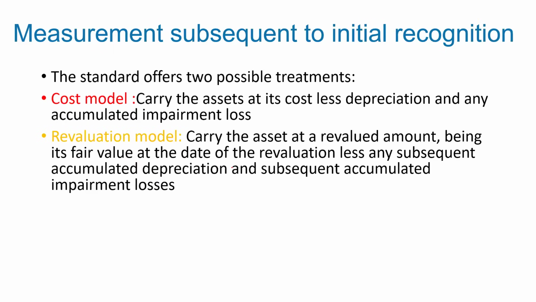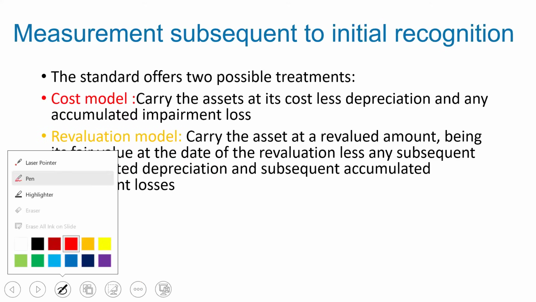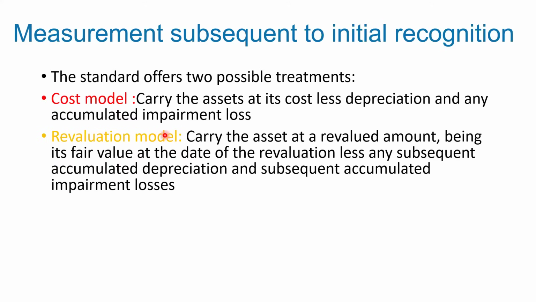Every year you have to revalue the asset and use the new revalued amount, which is the fair value. If there is any accumulated impairment loss and depreciation, it is subtracted from the new value. So that's what the standard is saying: either the cost model or the revaluation model.